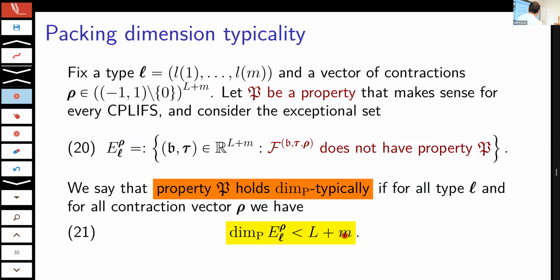We say that this property holds packing dimension typically if for all type vectors and all contraction vectors rho, the packing dimension of this exceptional set is strictly less than L plus m, which is the dimension of the full space that it exists in. Okay, so this is how we define packing dimension typicality: the exceptions have strictly less than full packing dimension.